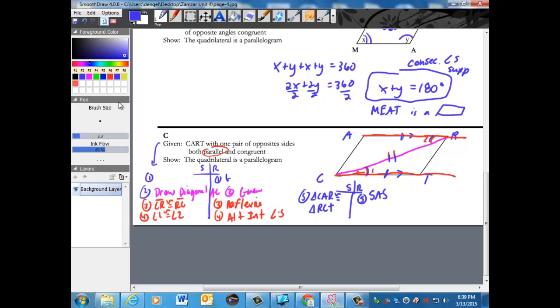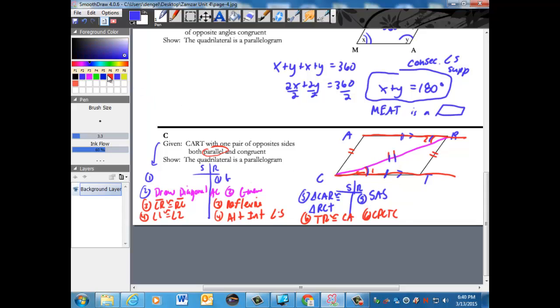All right, and then from there, what we want to say next is that by CPCTC, TR is congruent equal to CA. So TR is congruent equal to CA, and that's by CPCTC. Since these two triangles were each congruent, these two sides have to be equal to each other.